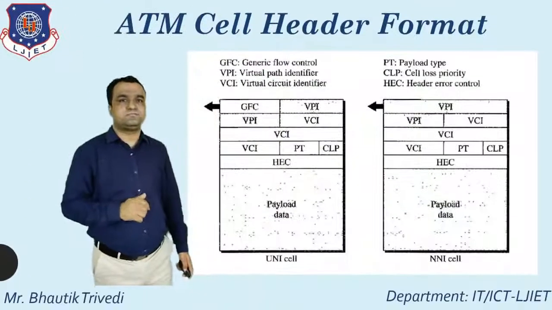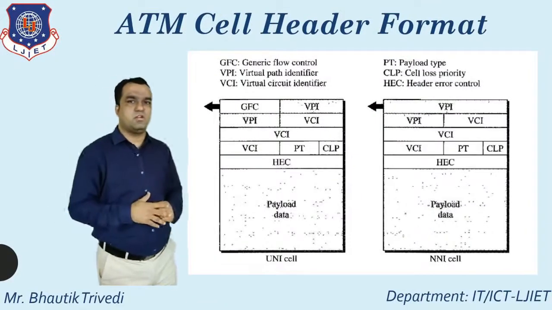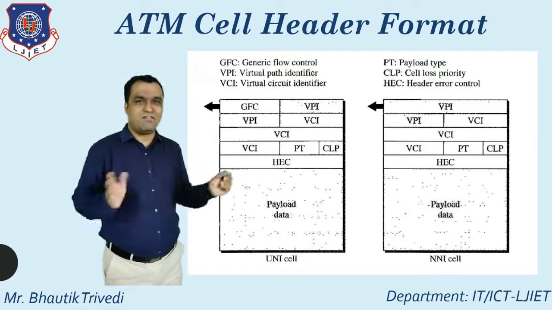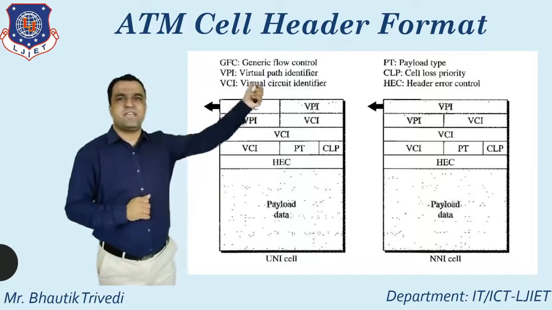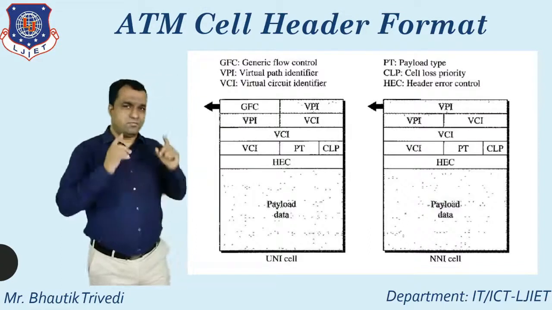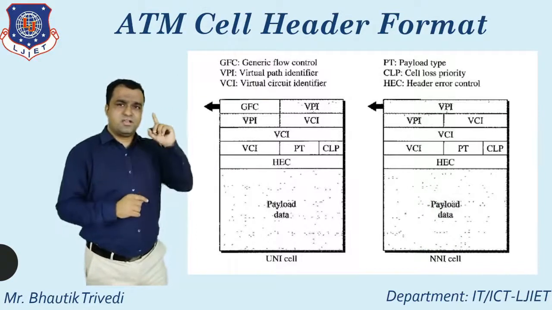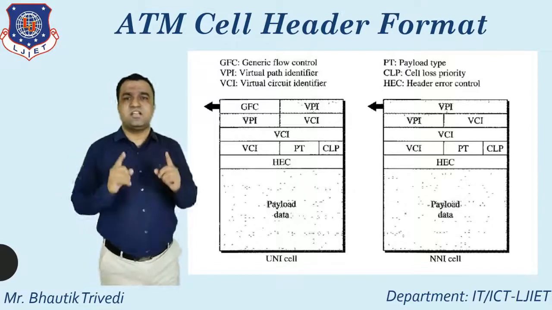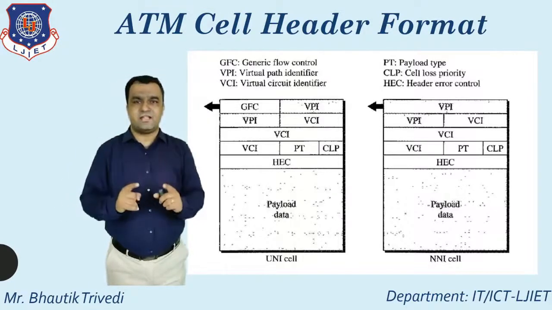After that, this is the most important point. This particular question is asked in examinations every time: the ATM cell header format. Again I repeat, you must remember one thing, the cell structure. Whenever you talk about the cell structure, it consists of 53 bytes.